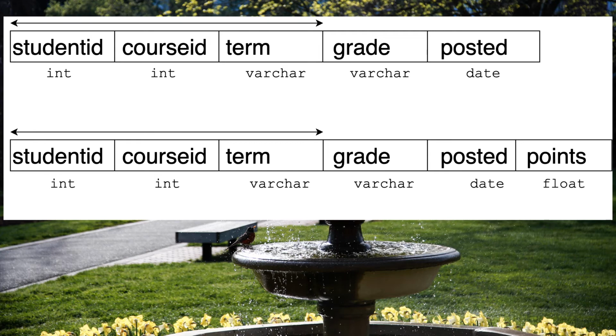And so by simply extending our schema with that extra field and then computing for each of the grades in our database what the numerical equivalence would be, we can move towards being able to do this calculation. And this is how we could do that, by just adding the points field as a float.